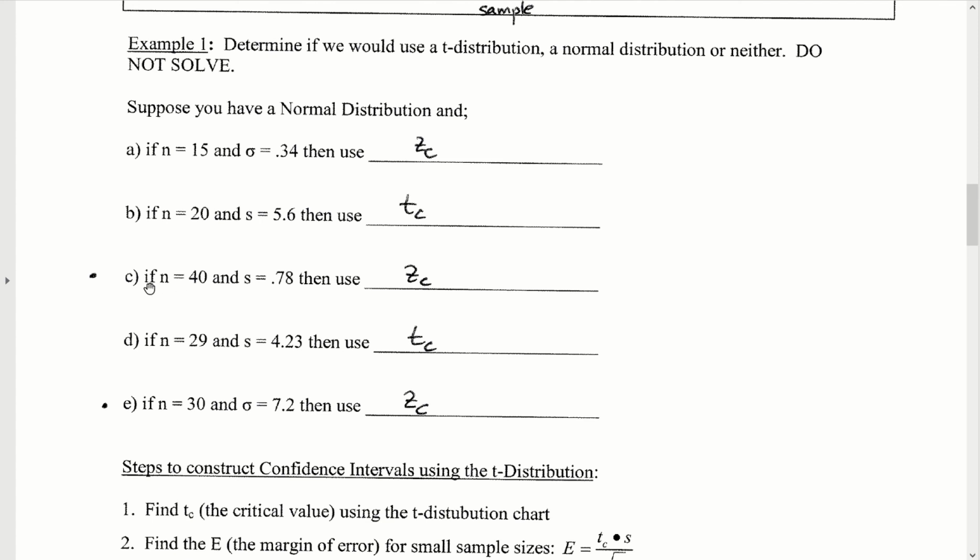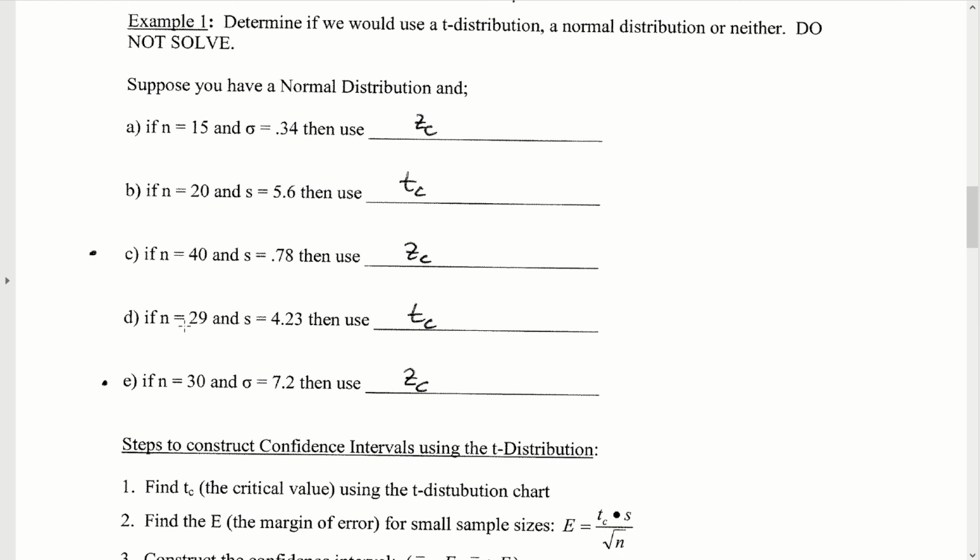In part C, if n is 40, I can stop right there. Because n is 40, which is 30 or more, I automatically know I can use ZC. It wouldn't matter whether you had S or sigma in that case. 30 or more automatically makes it a z-score. In part D, we're close. We don't have the 30 we need. So n is less than 30, and we only have S. We don't know sigma.